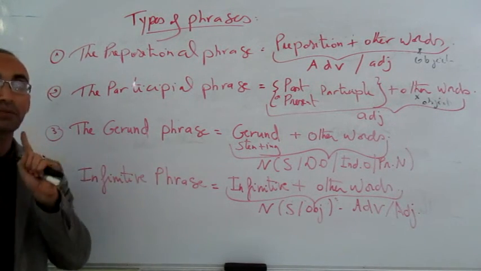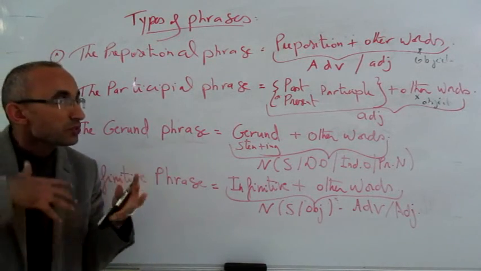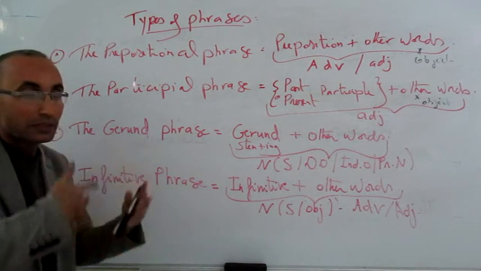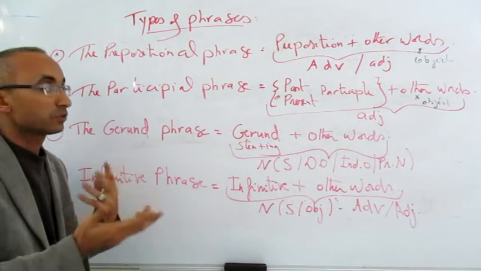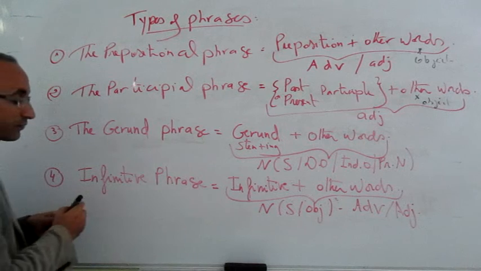Yet, there is still another important type of phrases which you may always hear about or read when you go through the books of grammar, which is what we call the noun phrase.